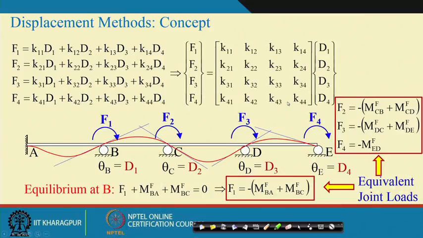Any step we do here has a physical interpretation. When we say that K11, K12, K13, K14 are the elements of that stiffness matrix, what do those elements essentially mean? We can write that in a matrix form like this, as we just discussed.